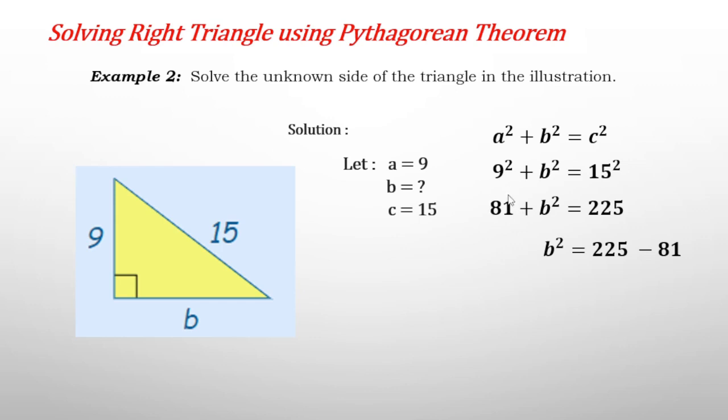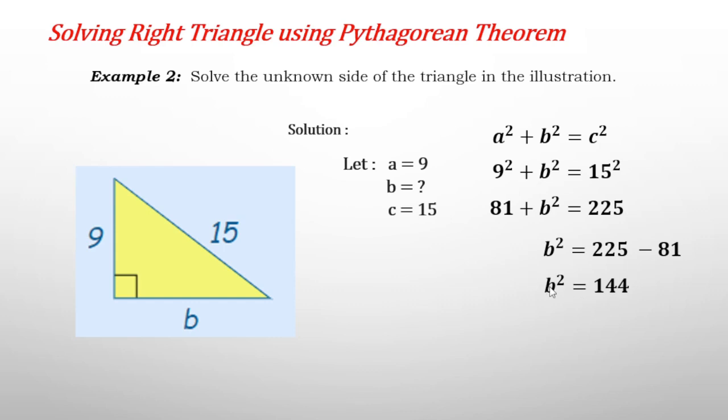Since 81 is positive, when transposed to the other side, positive 81 becomes negative 81. So we have isolated B squared. Subtracting, the difference between 225 and 81 is 144.